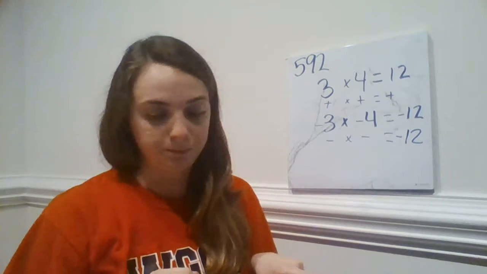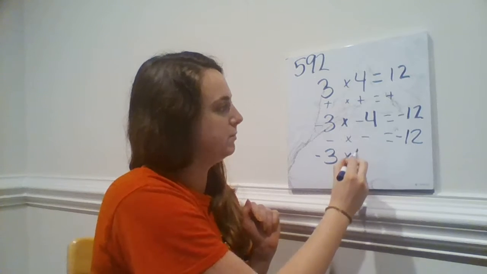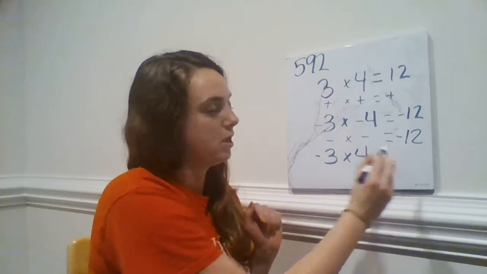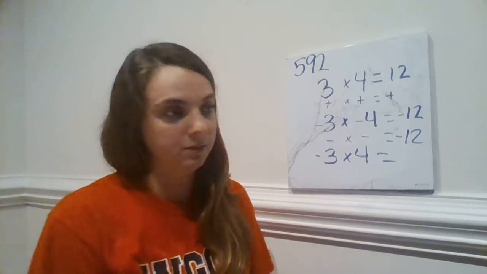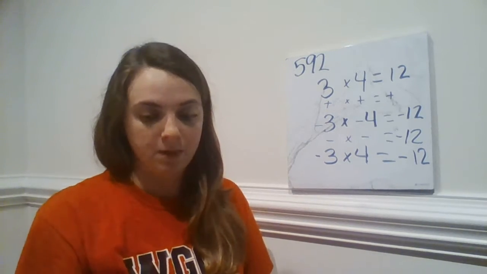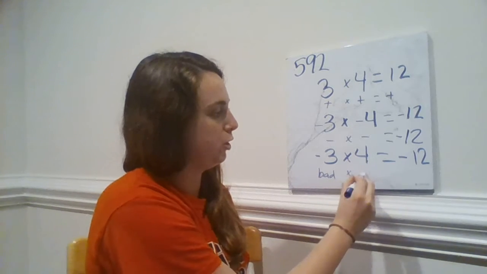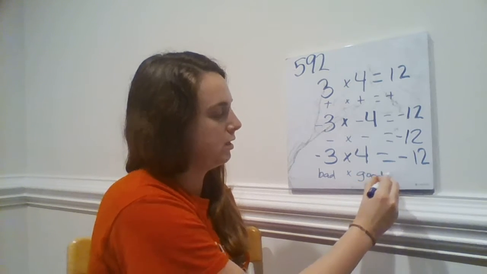Where it gets weird is if you have a negative times a positive, then it's going to be a negative. Because if a bad thing happens to a good person, then that's bad.